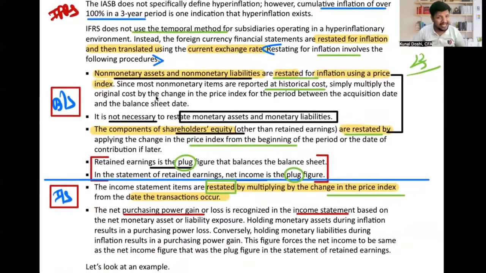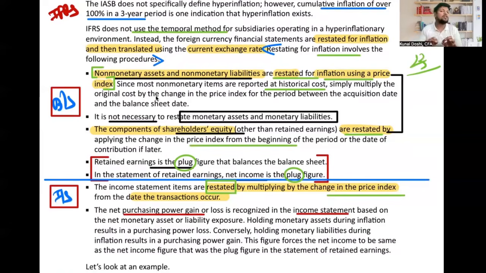So first of all, restating means what do I need to restate? They are saying non-monetary assets and liabilities are restated for inflation. See, monetary assets and liabilities do not require restatement for inflation. Okay. Non-monetary assets and liabilities, yes, they were bought in the past, so they need to be restated.